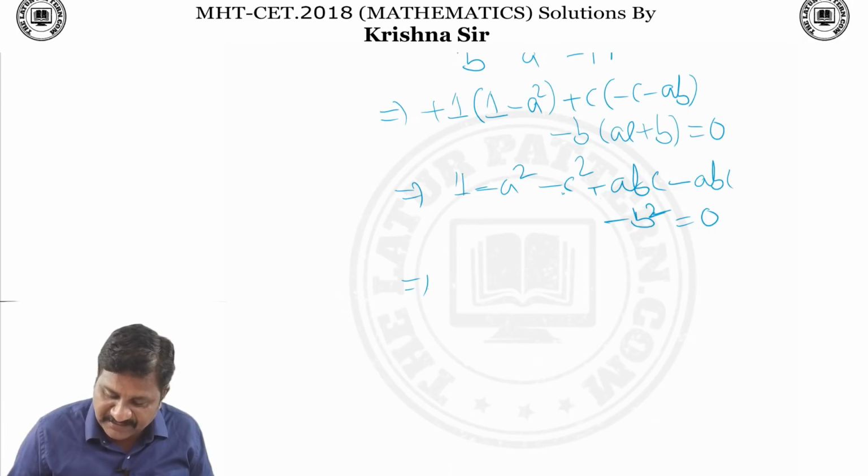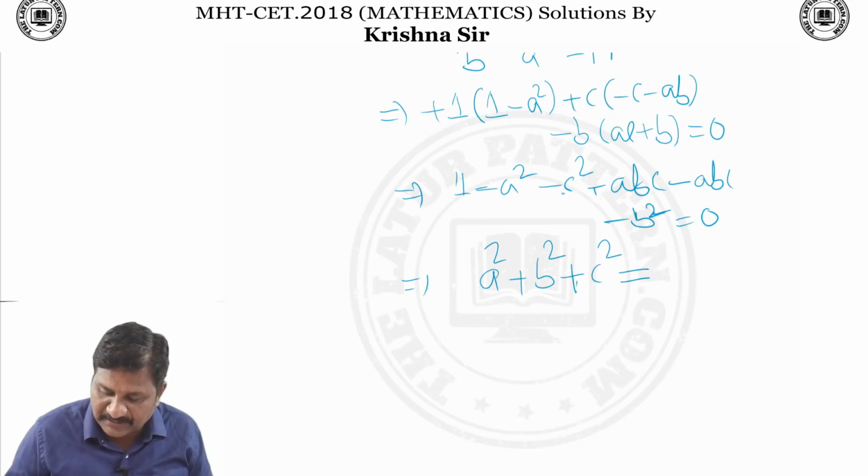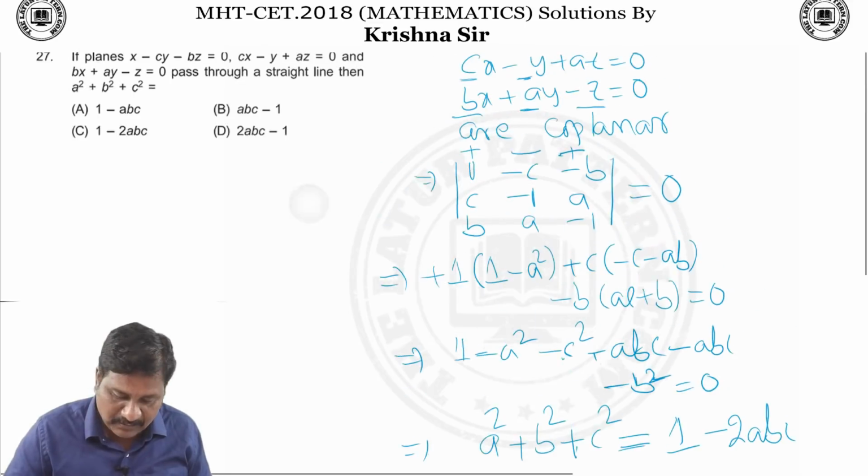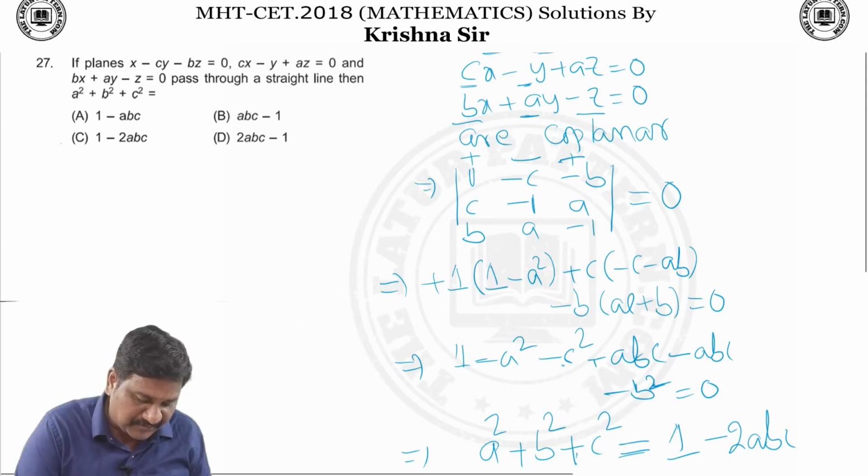Then minus a square you take that side, plus a square, b square also you take, c square also you take to that side. Then what is the remaining on this side? Plus 1 and minus abc, that is minus 2abc. Now the solution is option C.